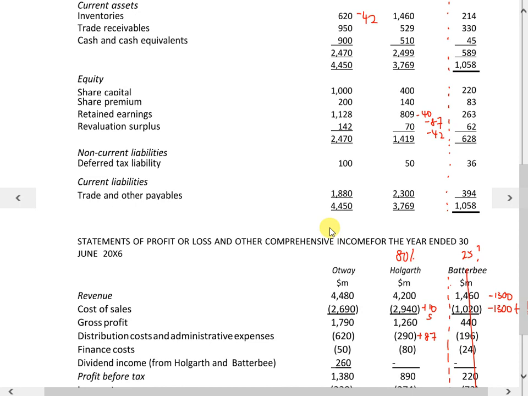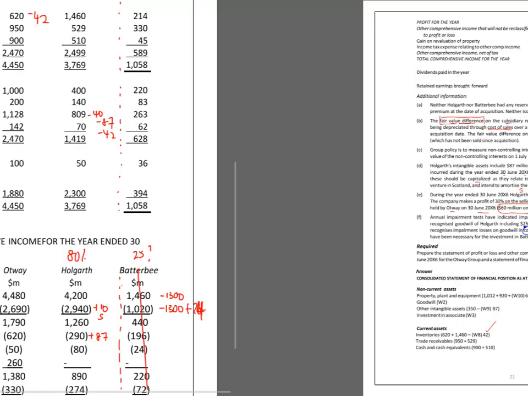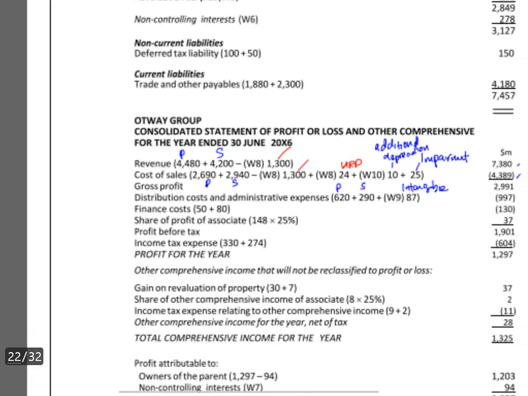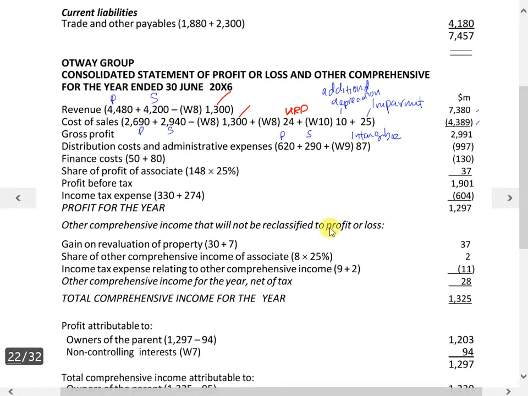Increase cost, reduce profit. Next, finance cost will be parent plus subsidiary. Share of associate's profit: we take profit after tax of the associate and times 25. Done.